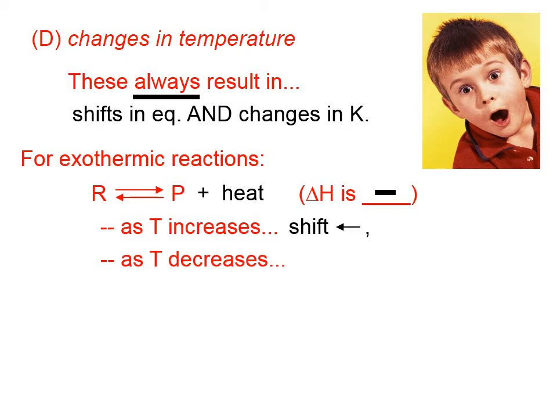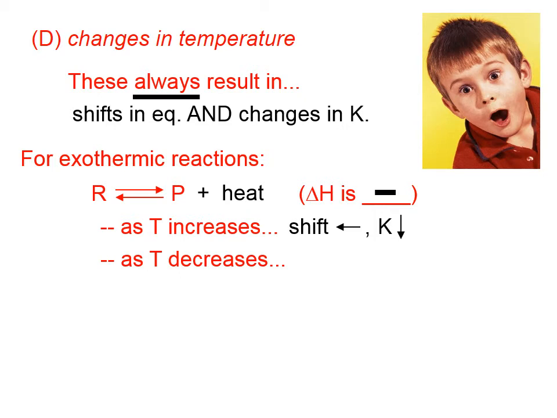Which way do you have to shift? You have to shift to the left to use that up. And if you shift to the left, clearly the amount of product decreases and the amount of reactant increases. Well, since K is products divided by reactants, if the product amount has decreased and the reactant amount has increased, the numerical value of K will decrease.